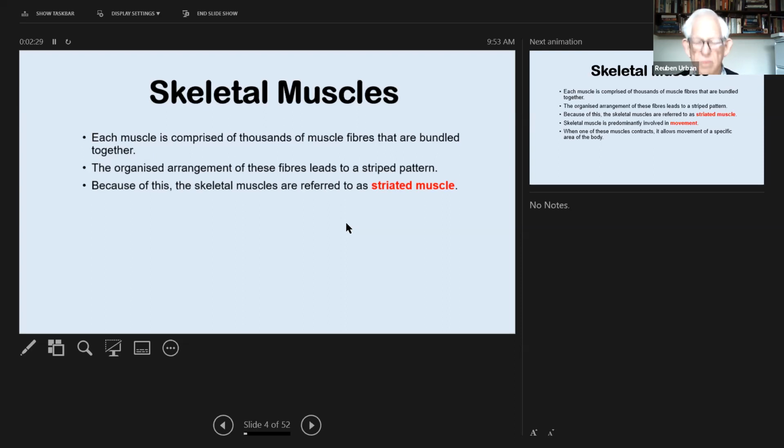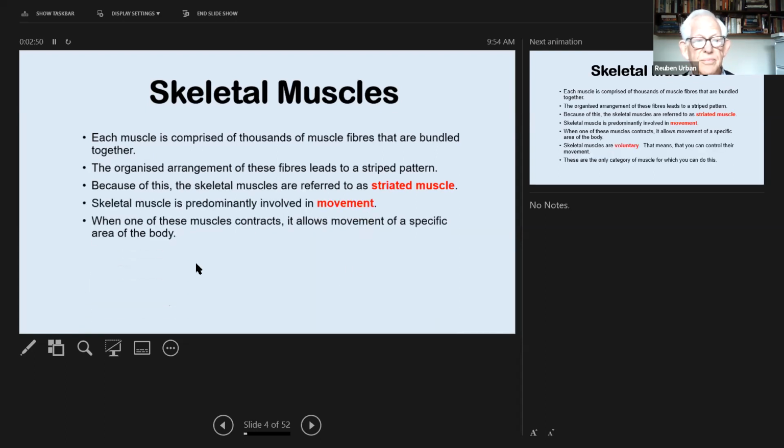The stripes make it look like bars, and so it's called striated muscle. It's either called skeletal because the muscles are joined to the skeleton, or striated, because of the way they look. The most important part of their job is to move us, and that's why they're attached to the skeleton. That's why they're called skeletal muscles.